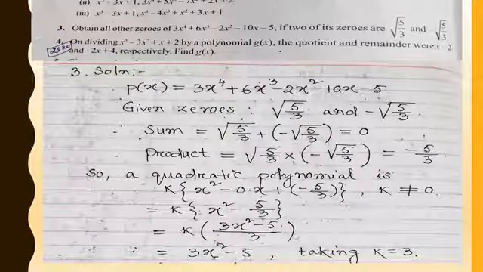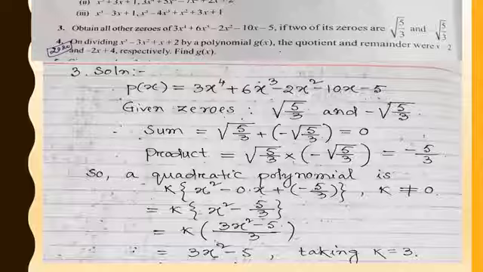So let's continue. The given polynomial is p of x, and the given zeros are square root of 5 by 3 and minus square root of 5 by 3. To find the corresponding quadratic polynomial, let us find the sum. The sum is 0 and the product is minus 5 by 3.